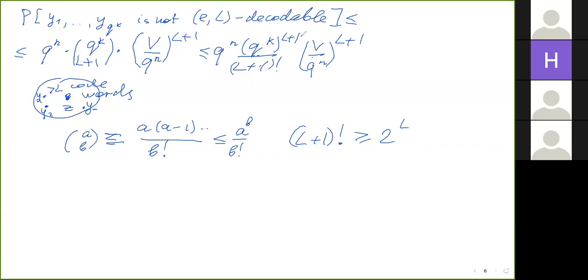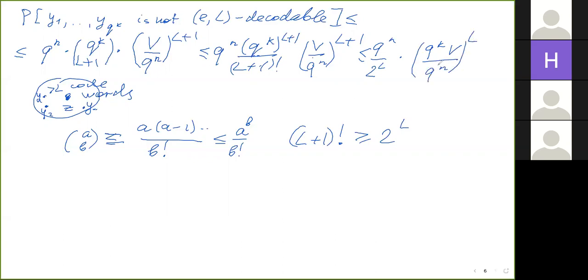So first of all, let's write it like that, q to the n over 2 to the L, using this lower bound for this denominator. And here we group together all the terms raised to the power of L+1, which is q to the k times V over q to the n.